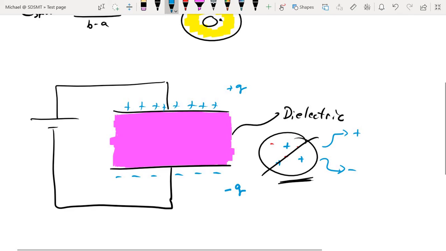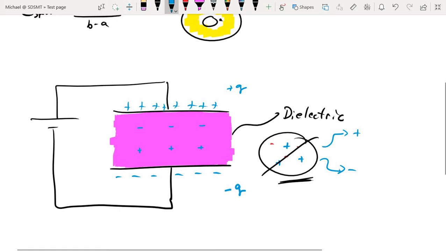But it is still possible that a little bit of that charge could migrate. And so there might be a little bit of charge inside that insulating material that is able to separate and kind of migrate its way towards the plate of the opposing charge.